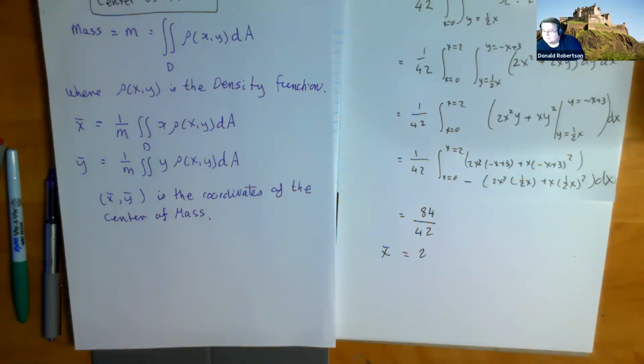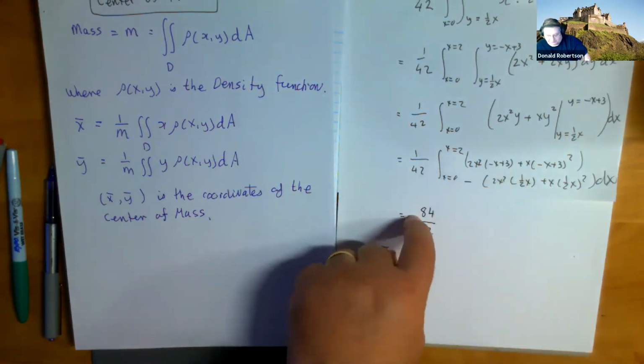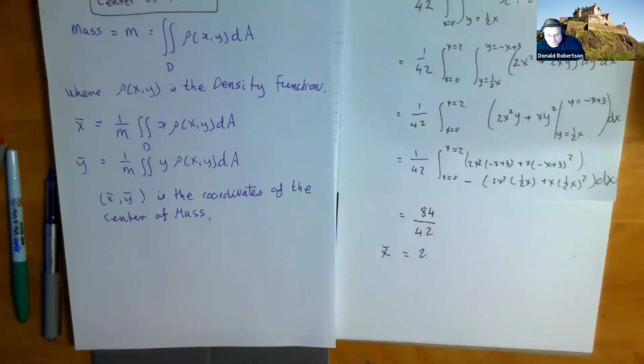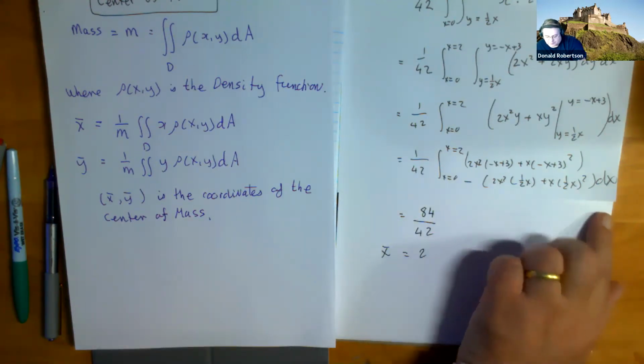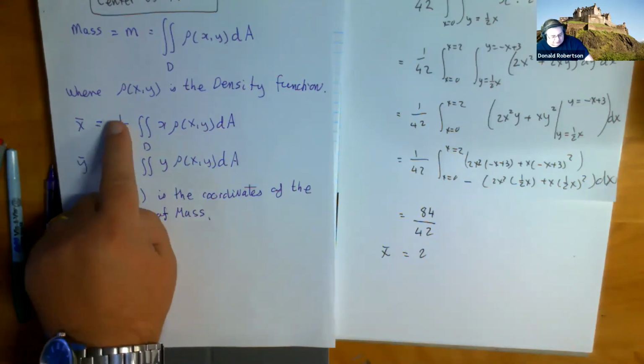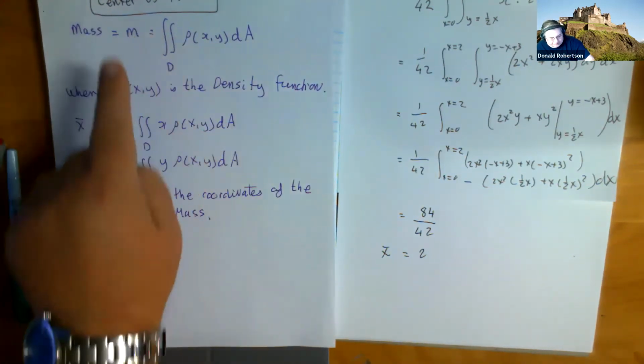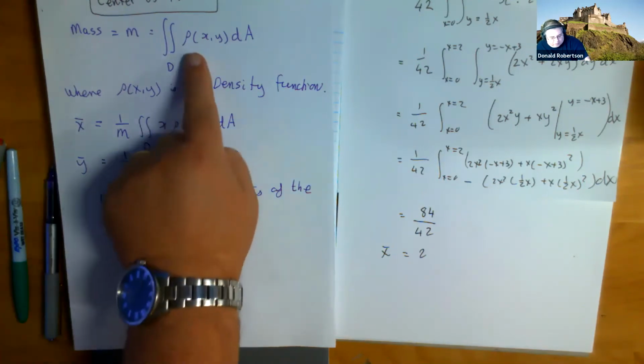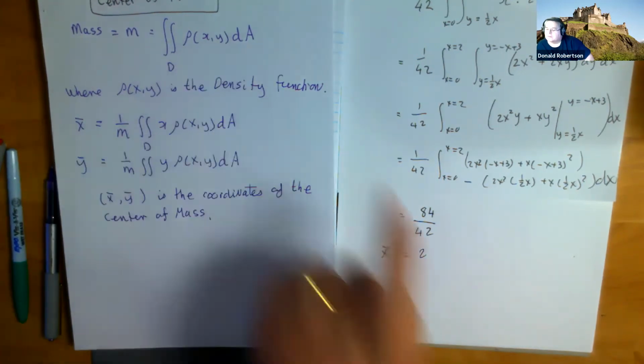I'm just pretending that's 84. Isn't this particular version more time consuming than difficult? It's just got all these lines of working that eventually get you to the end. That's what I hope you see. So x bar is just 1 over whatever this answer is, the double integral of an x times this guy.